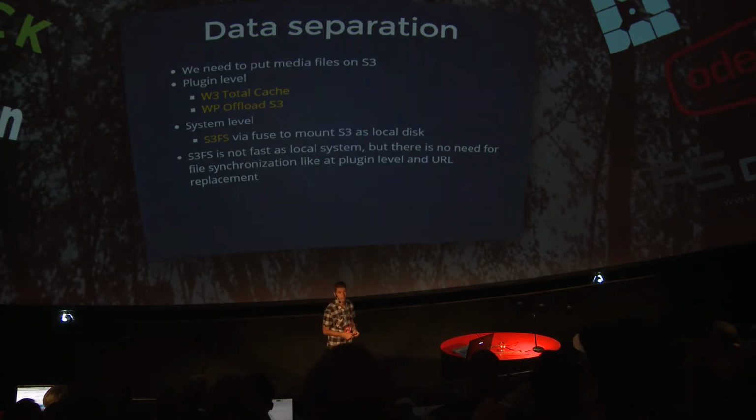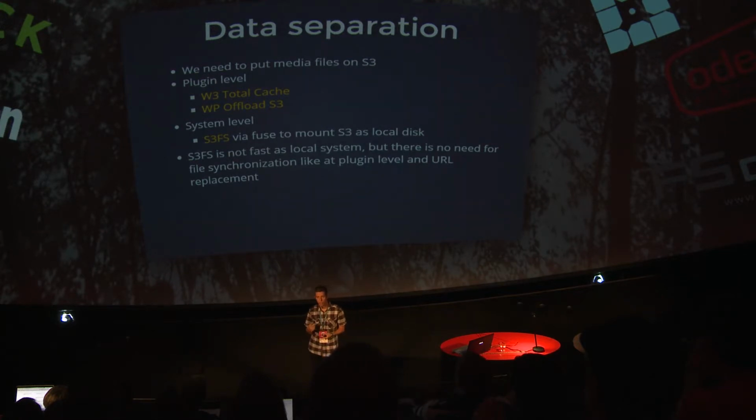Two plugins that can upload media files and static files to S3 are W3 Total Cache and WP Offload S3. The first plugin is free to use and supports exporting of your existing files. And the second also supports this, but it's a paid feature to export your existing files.